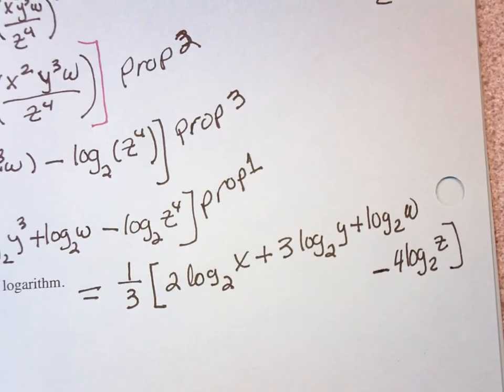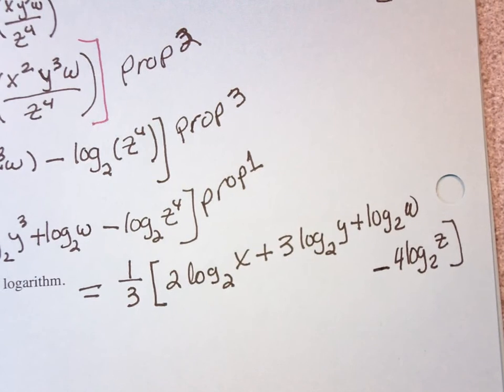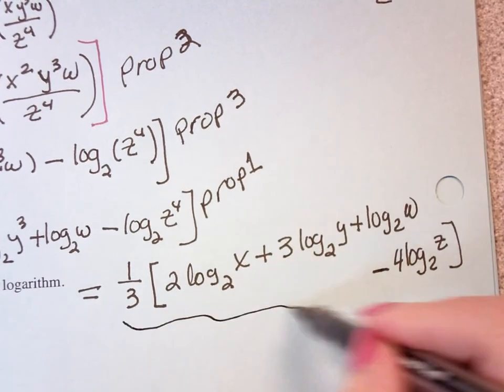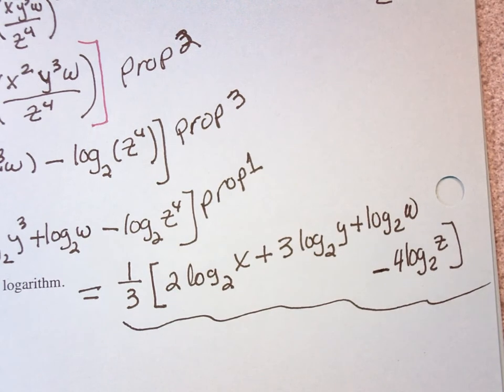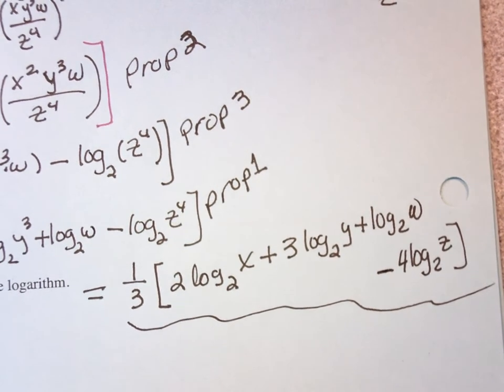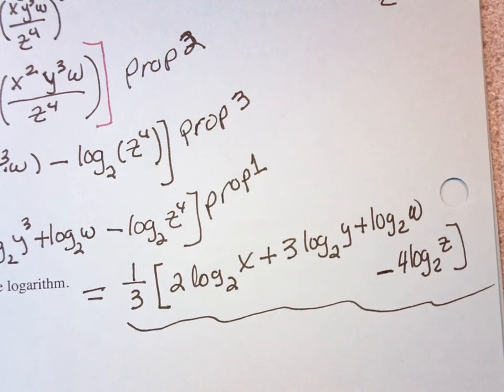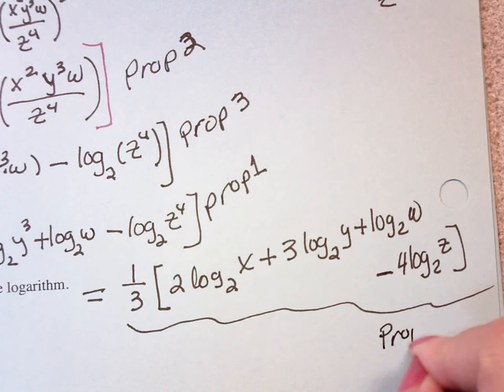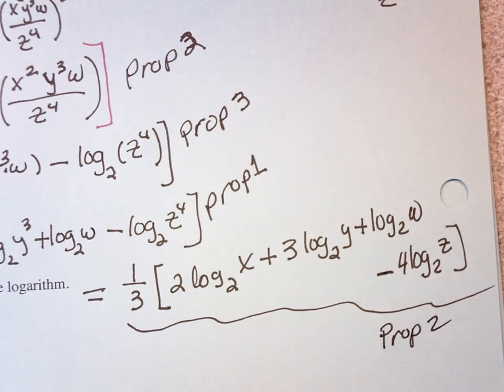And then you can wrap it and take 1/3 all the way through, or leave it. In this class we can leave it. Depending upon what class I'm in, I might take it all the way through because it's going to be too messy to work with otherwise. Not fun. Still a fun problem, but most college algebra level problems are not fun problems. So this is property 2. There are 5 properties altogether.